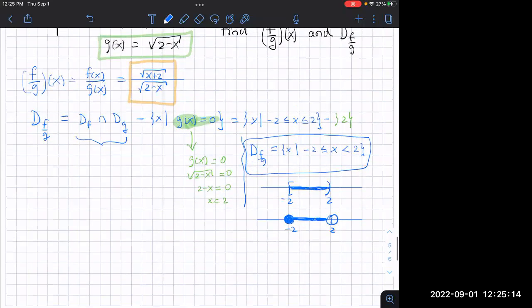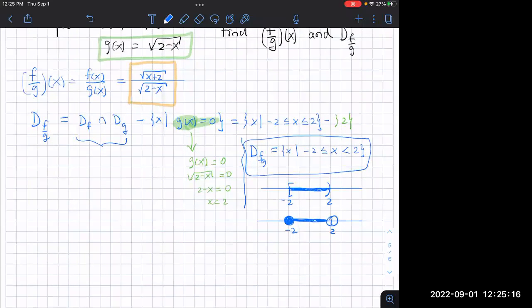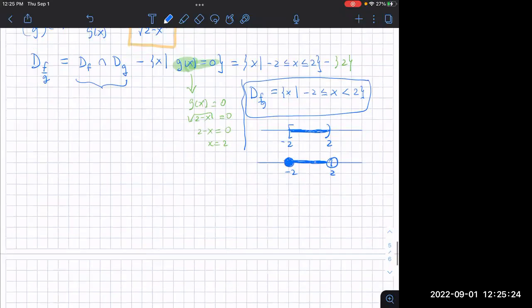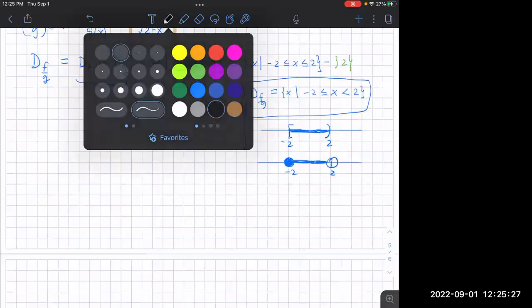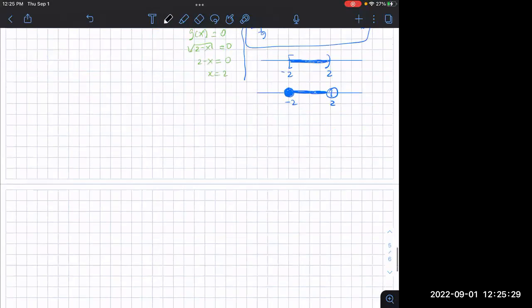Okay, so are we ready for a challenging problem, or do you want a medium or an easy problem? Challenging. Okay, very good.